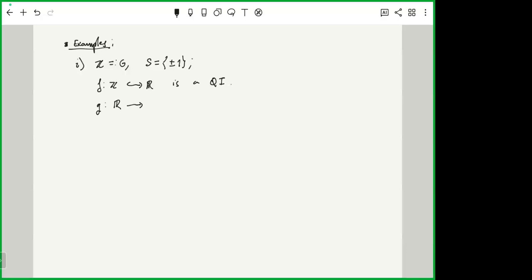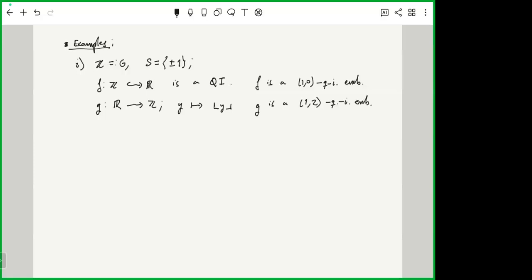A quasi-inverse can be seen to be the floor function. So we send every real number to its floor, and you can check F here is a (1, 0) quasi-isometric embedding. G is a (1, 2) quasi-isometric embedding.